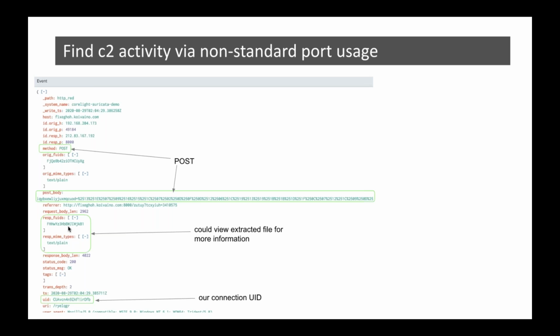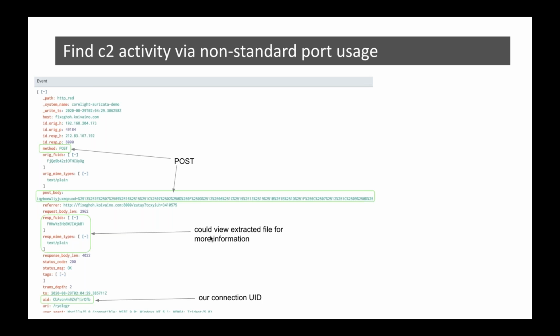And if I wanted to actually dig in, because this is just a subset of the post body, what can fit into the log, this could be a rather large piece of text that was posted. I could then take this unique identifier for the file and check out an extracted file that was carved off the wire and take a look and see exactly what this was.